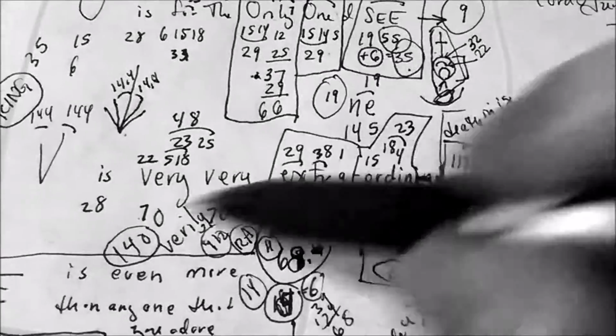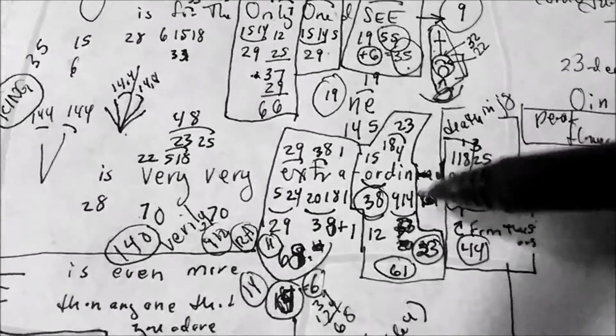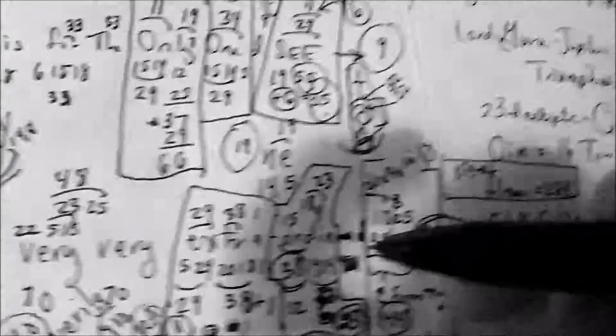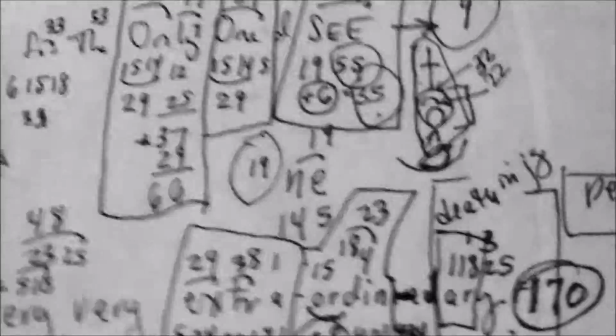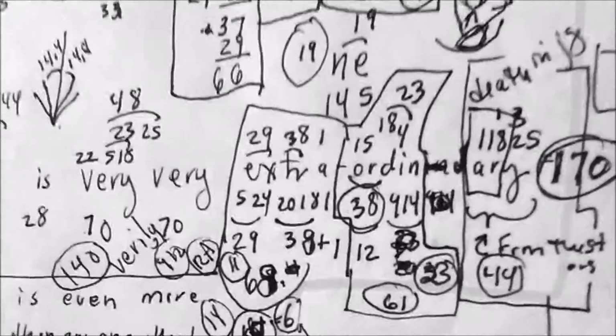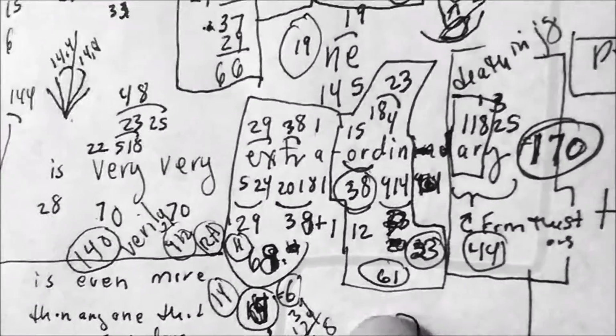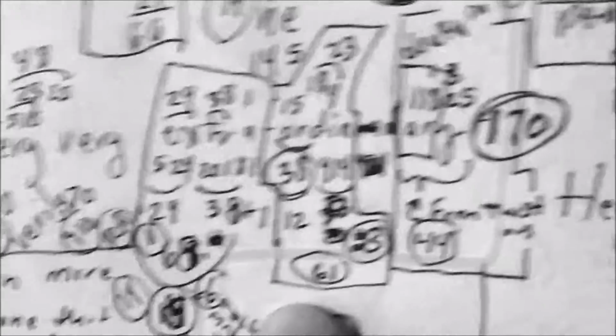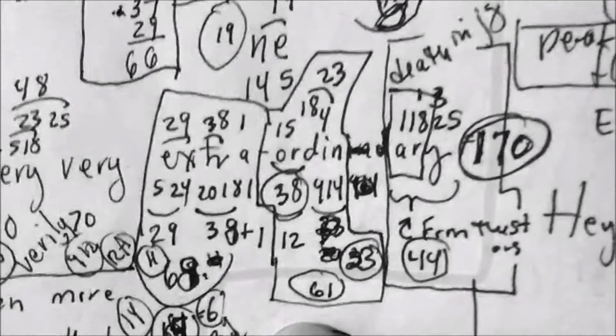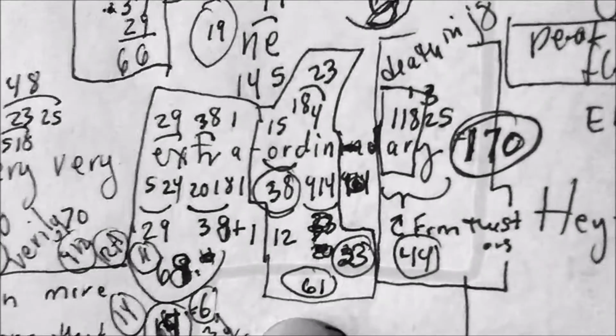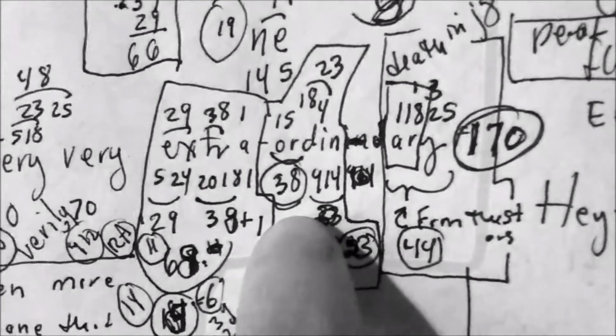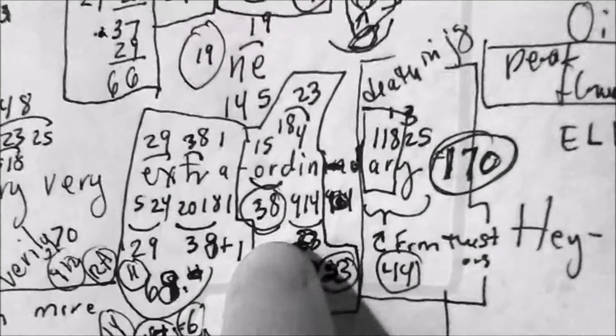Okay, so extra. Extraordinary. I'm looking through the phone again. Hold on. Okay. Ordinary. Oh, yes. Okay, well, just Orden is a 61. In is 23. Ord is a 38.